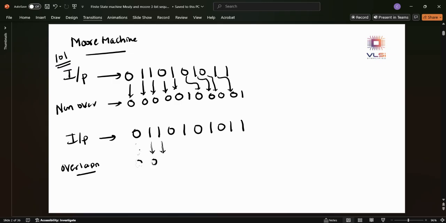In overlapping, the last bit will be the first bit of the next sequence, so this will be included. So this is anyway 0, and here 0. So at the next clock edge, here you got the sequence, after the next clock edge it becomes 1. And here also at the next clock pulse you will get the 1.